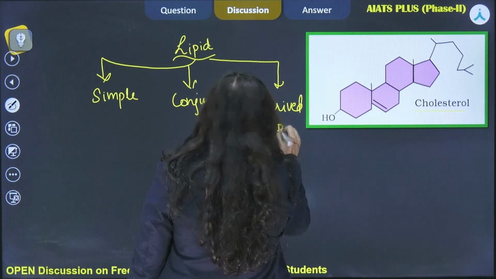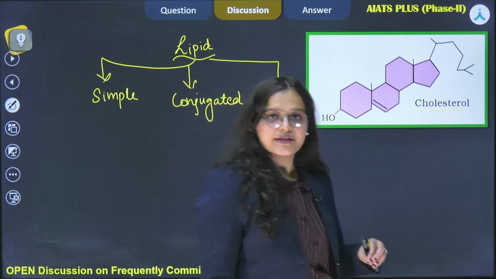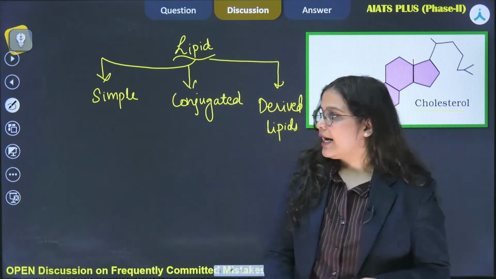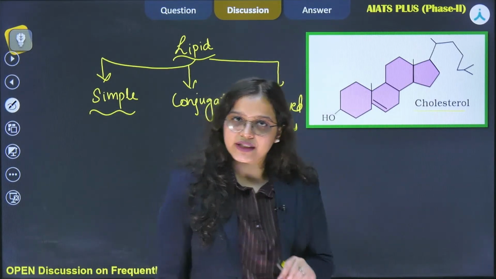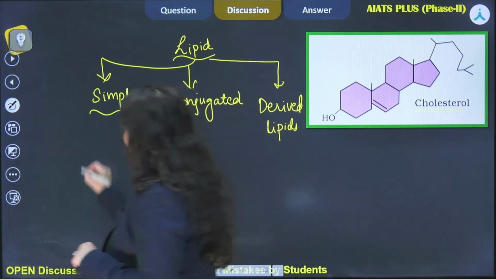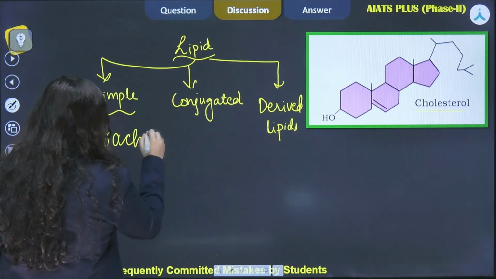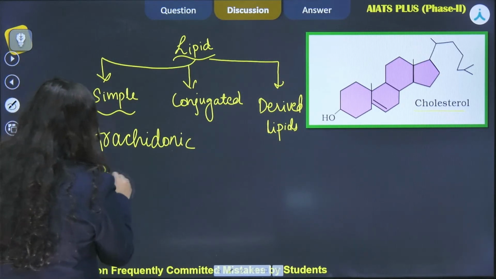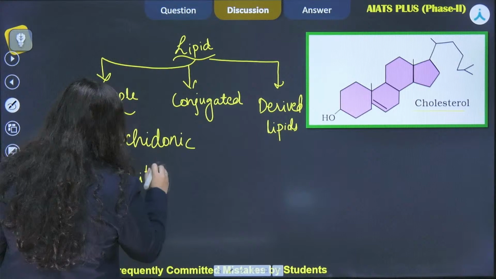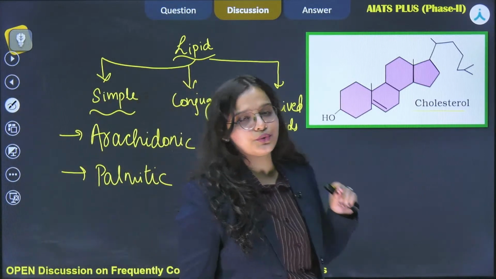Simple lipids are basically lipids which contain glycerol and fatty acids, and the famous examples for this, also given in the NCERT, are arachidonic acid and palmitic acid. And we say that arachidonic acid and palmitic acid are true lipids.